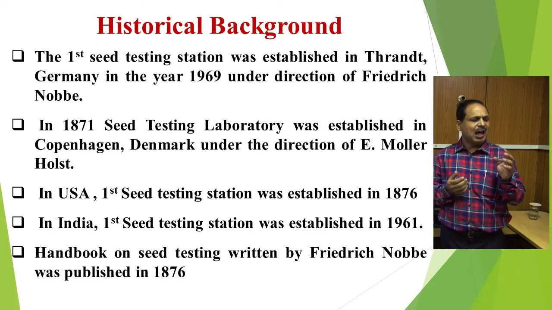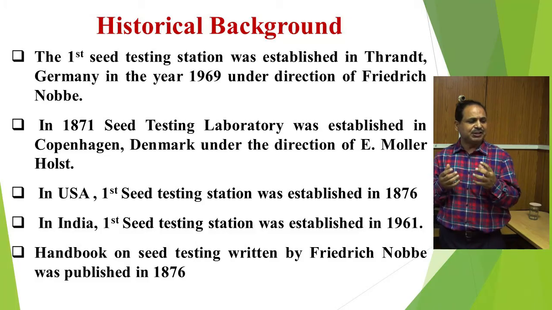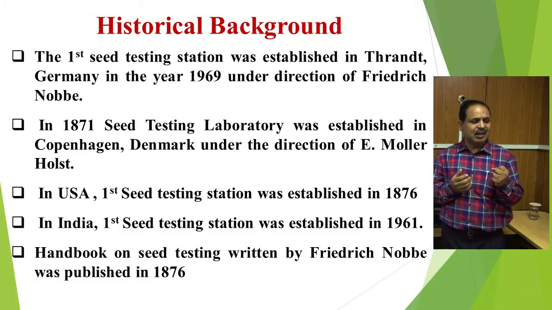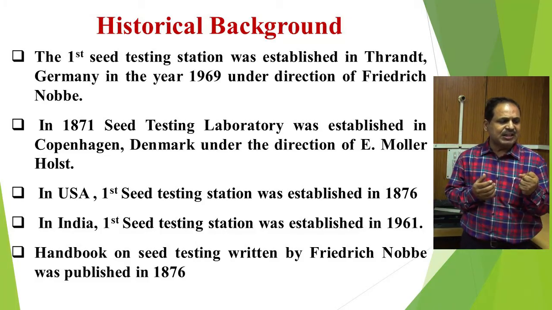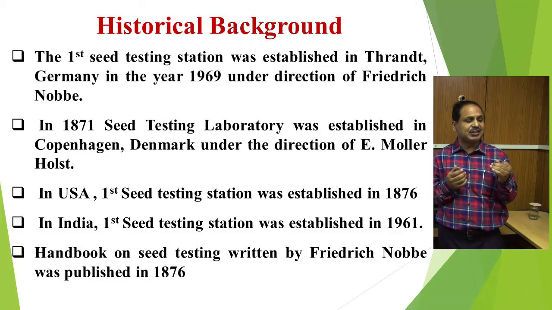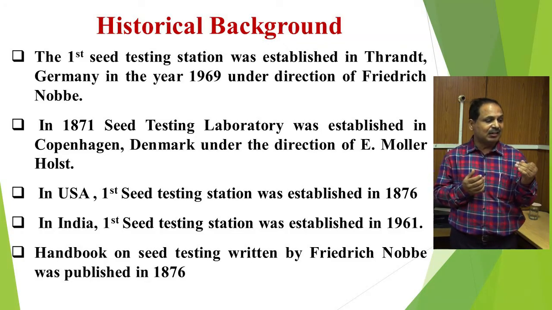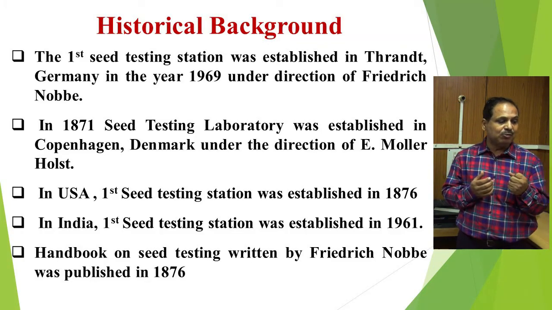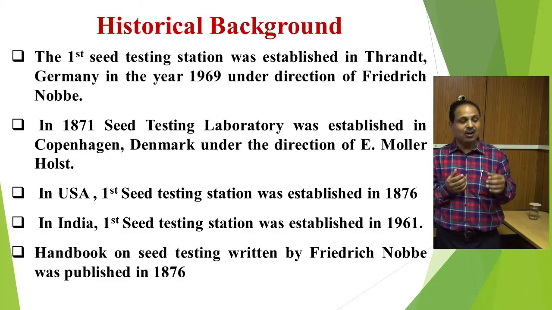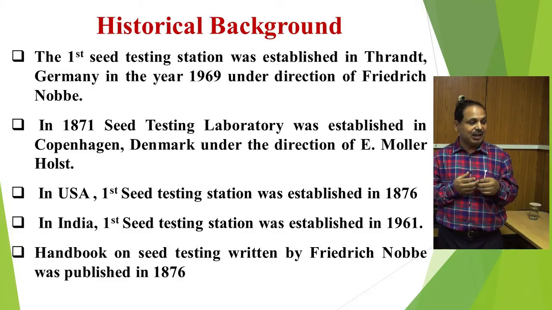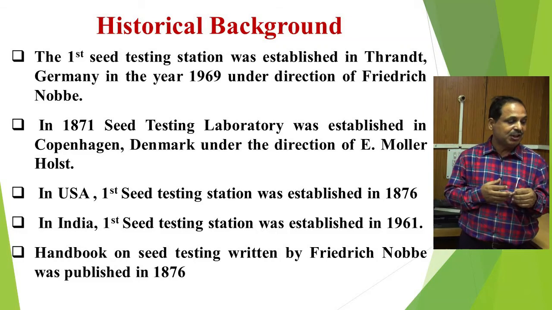Now some historical background of seed testing. The first seed testing station was established in Germany in the year 1869 under the direction of Friedrich Nobbe, one of the very good scientists in seed testing and seed testing research.